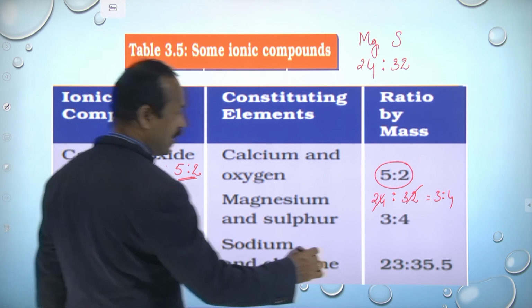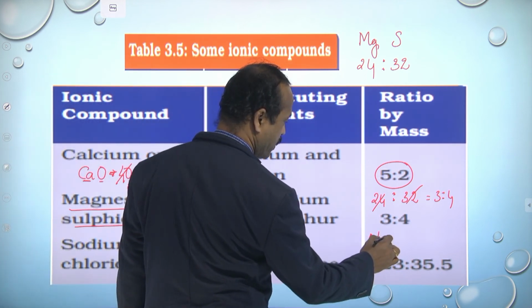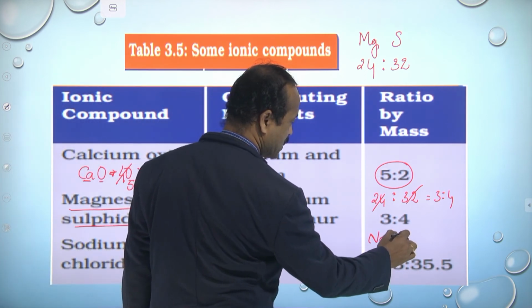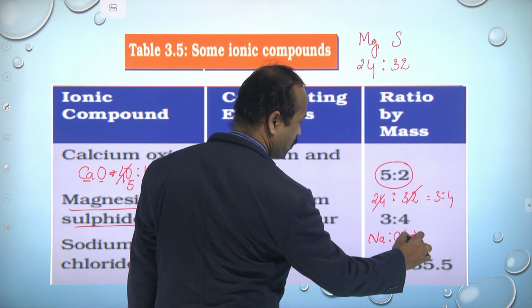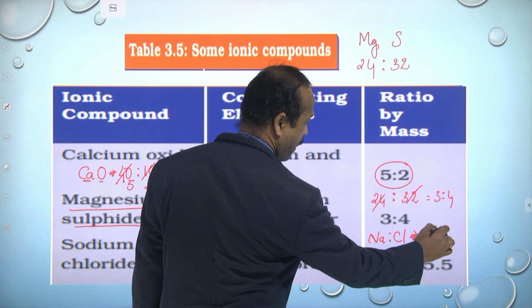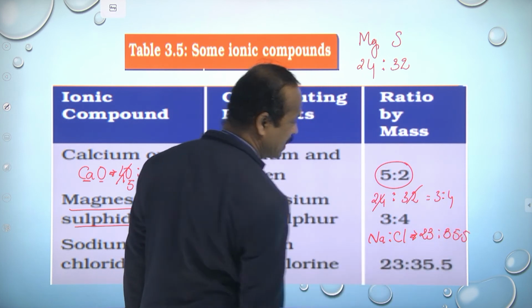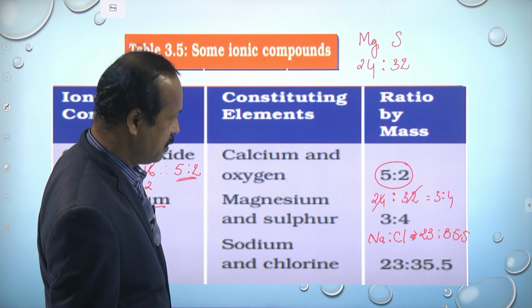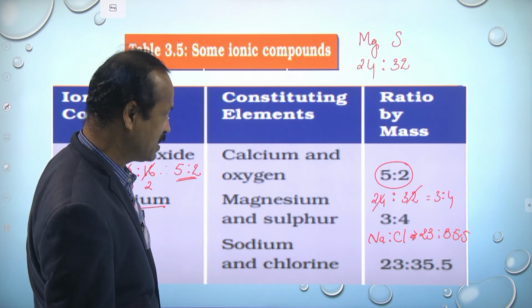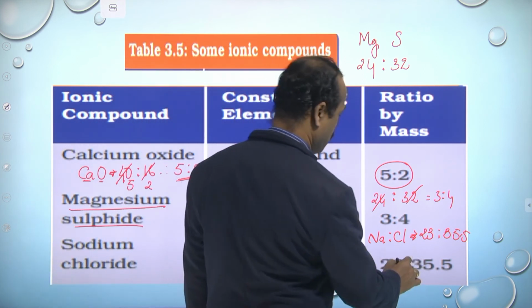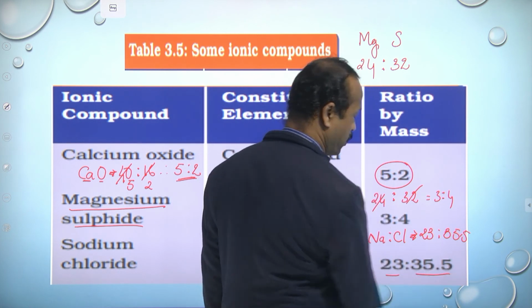Now next, sodium chloride. Sodium is Na and chlorine is Cl. Sodium atomic mass is 23 and chlorine mass is 35.5. Can it get cancelled anywhere? No, I think it cannot be cancelled. So it will remain the same, 23 and 35.5.